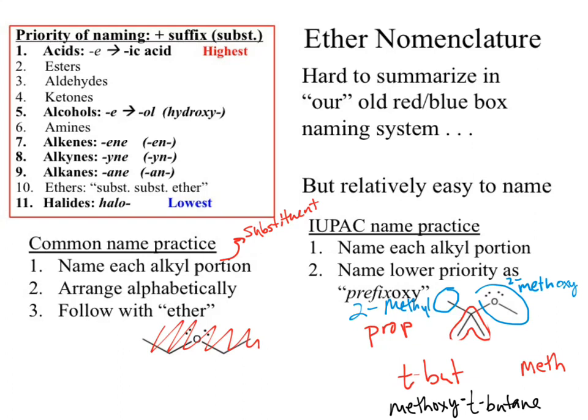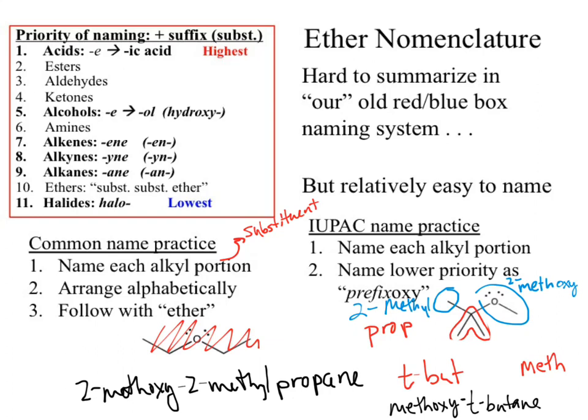To fully arrange this appropriately, let's see if I can do this right. I'm going to take a stab at it, and we would probably call this 2-methoxy-2-methylprop, whoops, no dash in there, prop what?